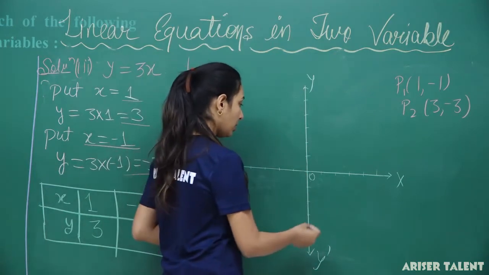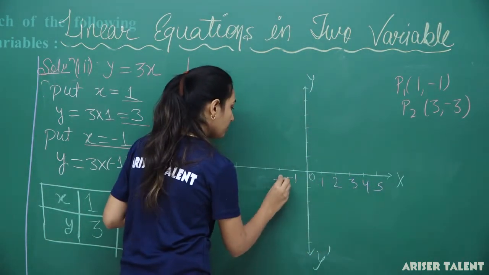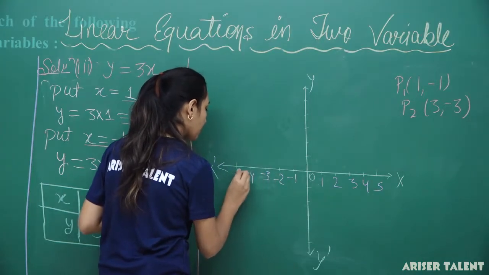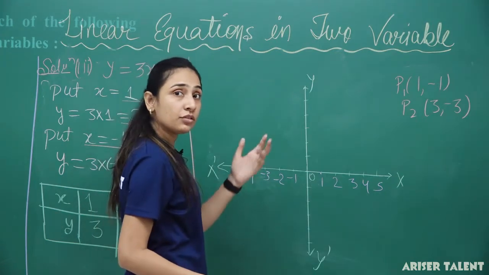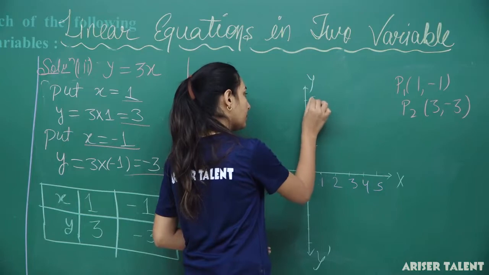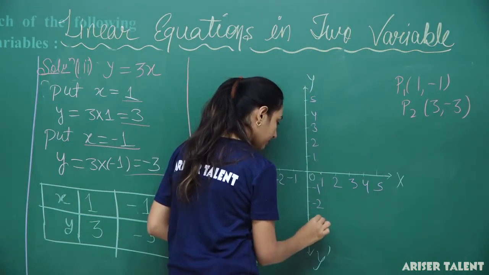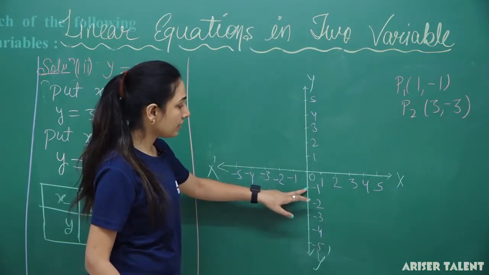Now 1, 2, 3, 4, 5, minus 1, minus 2, minus 3, minus 4, minus 5. So 1 is here. Minus 1 on the y axis. So positive is there and negative is here. So minus 1 is this.